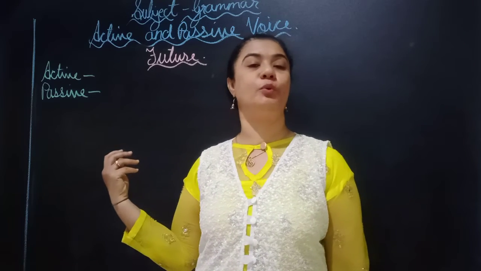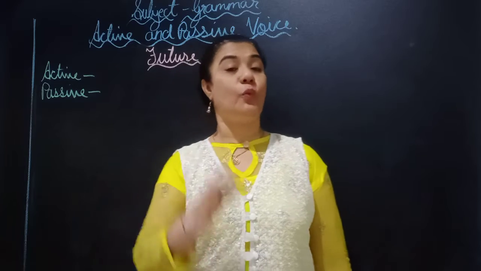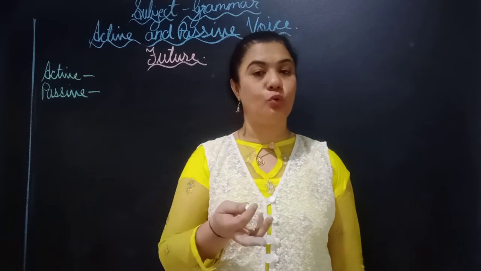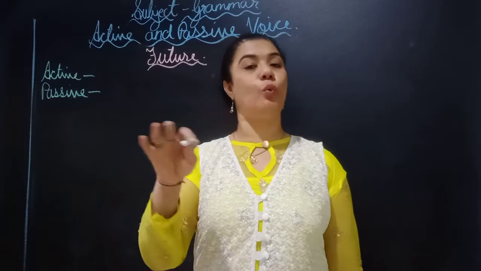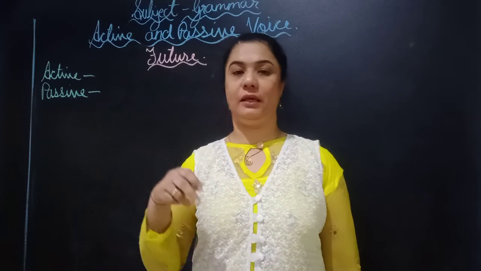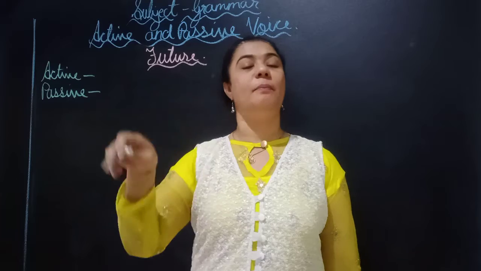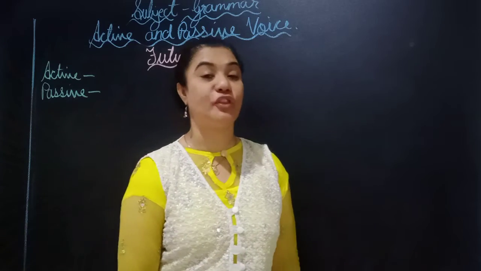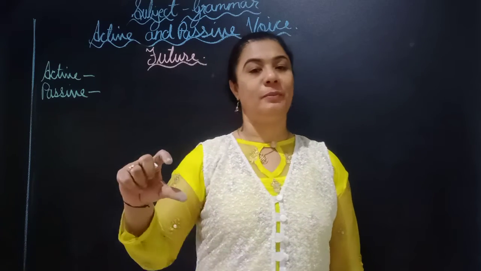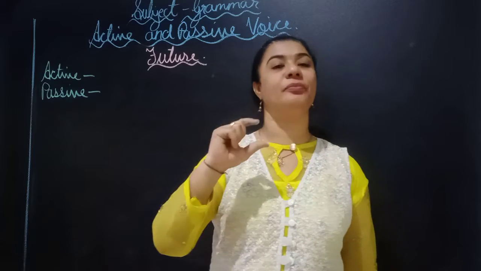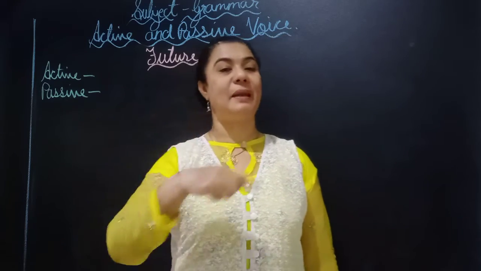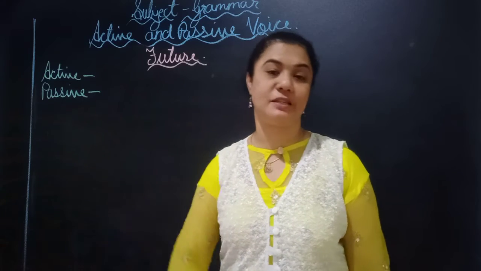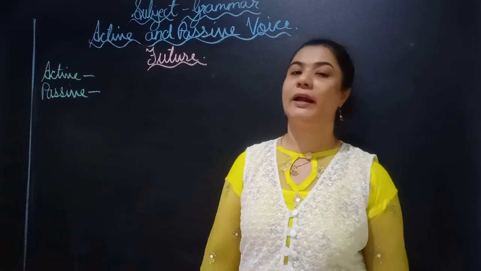I am going to show you a few examples on the simple future, where the formula you are going to use is shall or will plus be plus the past participle of the verb. Okay, please note it down. Shall or will, then plus be plus the past participle. You have to write it down.